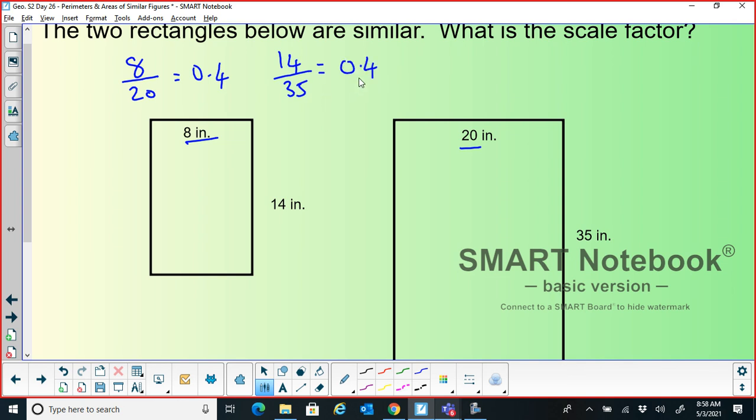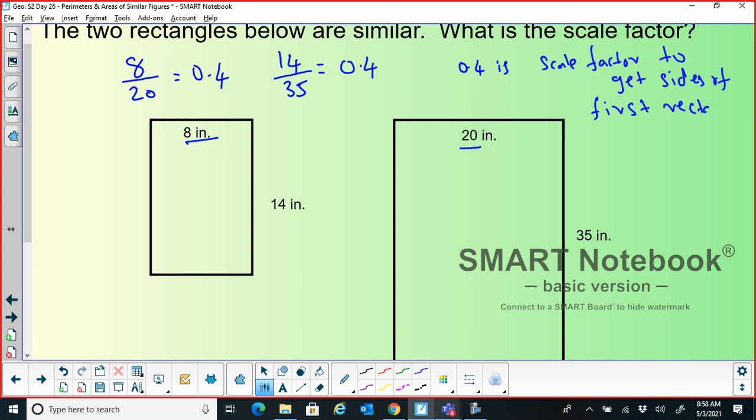What does this 0.4 indicate? 0.4 is the scale factor. If I multiply it to the second figure, I'll get the first figure. 0.4 is the scale factor to get the sides of the first rectangle if the second rectangle is given.